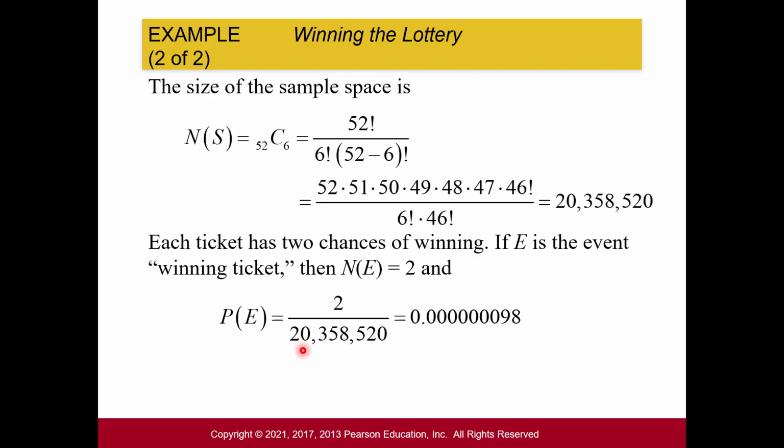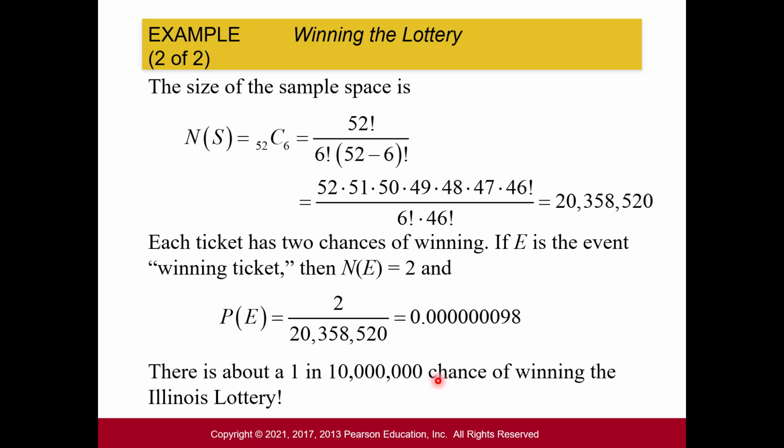So 2 out of the 20 million something, which is about 0.00000098. If you make that a percent, it would be 0.000098%. To make that make a little more sense, that's about a 1 out of 10 million chance of winning the Illinois lottery.